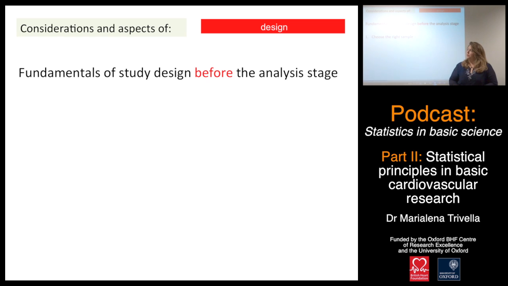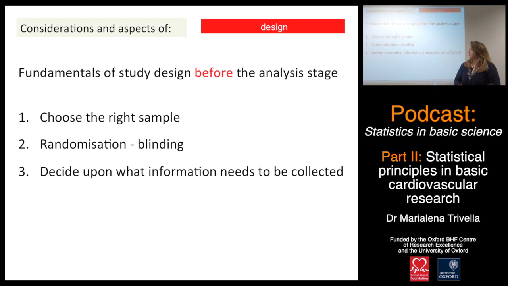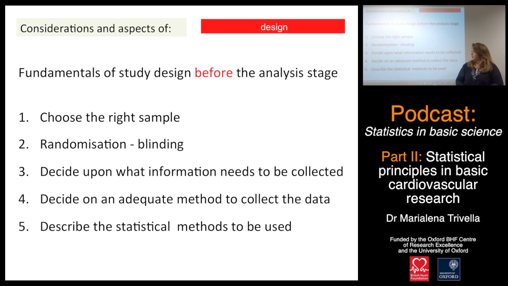First of all, choosing the right sample comes under here and is very important. Then we have elements of randomization and blinding, randomization for the animals or the assessors. Then we decide on what information needs to be collected and an adequate method to collect these data. And finally, we need to decide on the statistical strategy for the analysis.